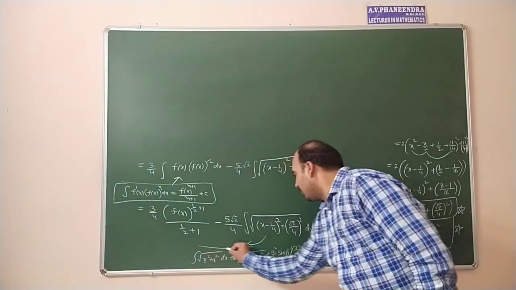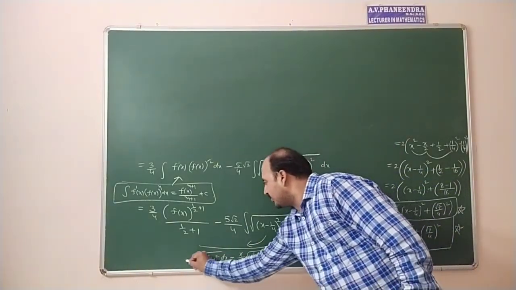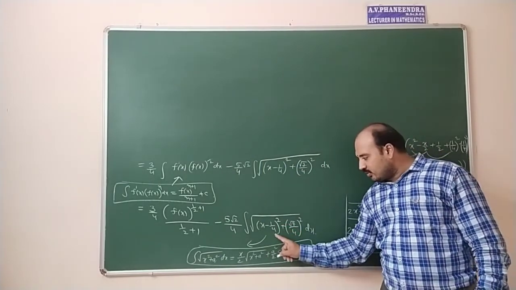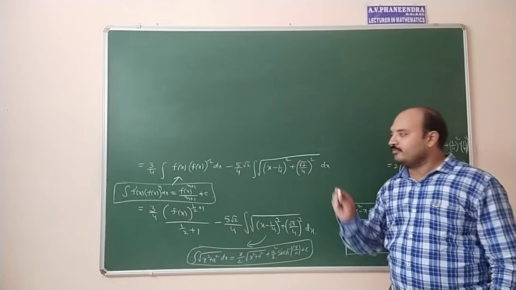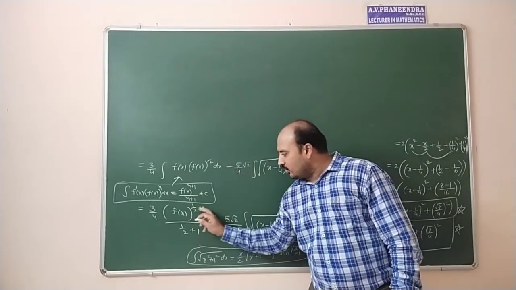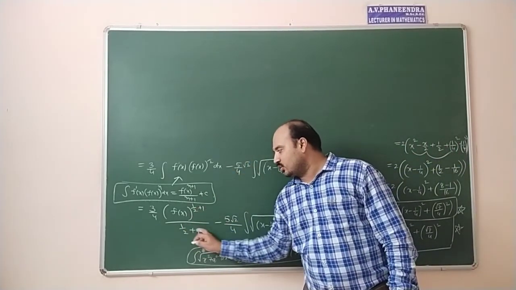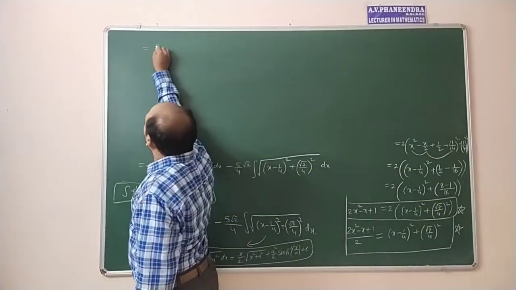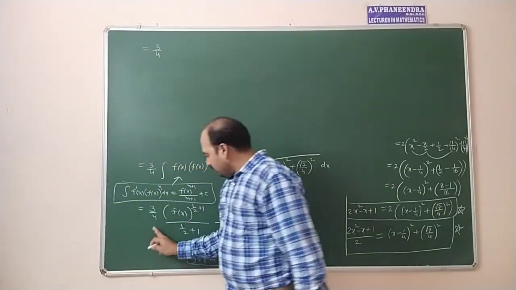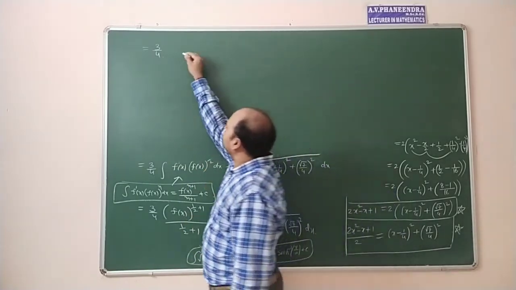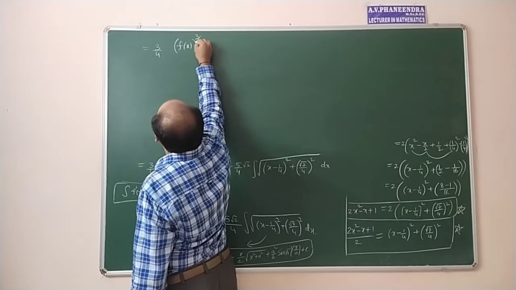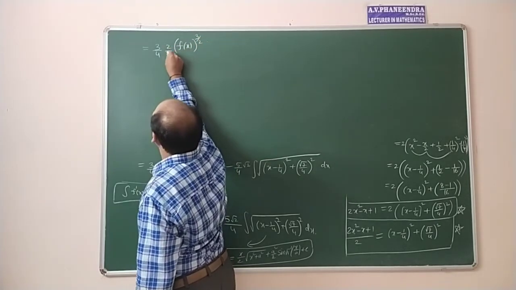This formula we are going to apply in this last step, where x is equal to x minus 1 by 4 and a is equal to root 7 by 4. Now come to here: 1 by 2 plus 1 is 3 by 2, here also 3 by 2, which is equal to 3 by 4 f of x whole power 3 by 2 by 3 by 2, which means it will become 2 by 3.